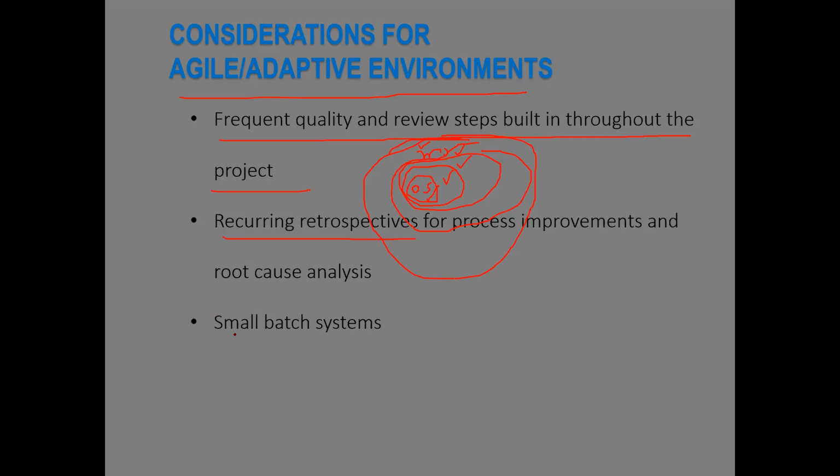And also we focus on small batch system. In other words, we focus only on a limited amount of work that could fit in 2 weeks time. Or even if it is not time boxed, it is, for example, flow based agile, such as Kanban.